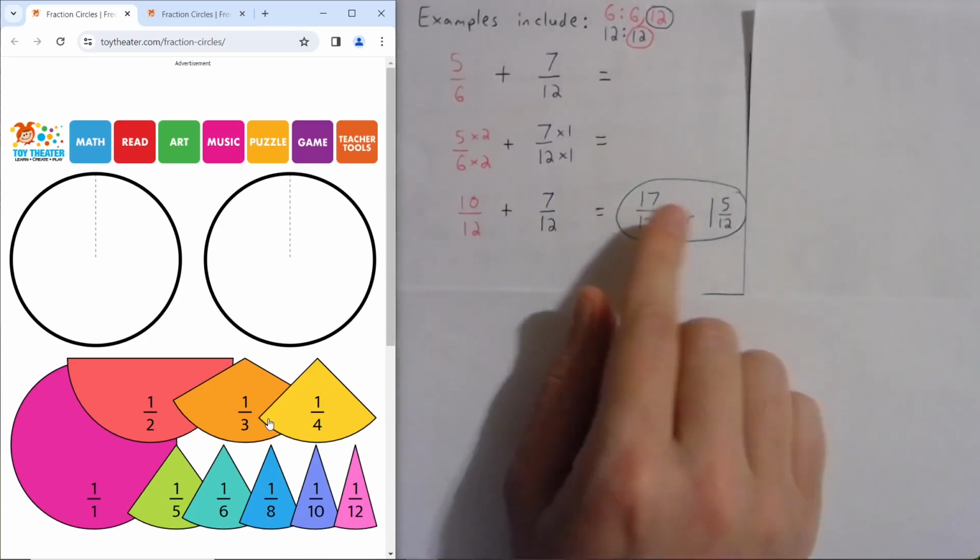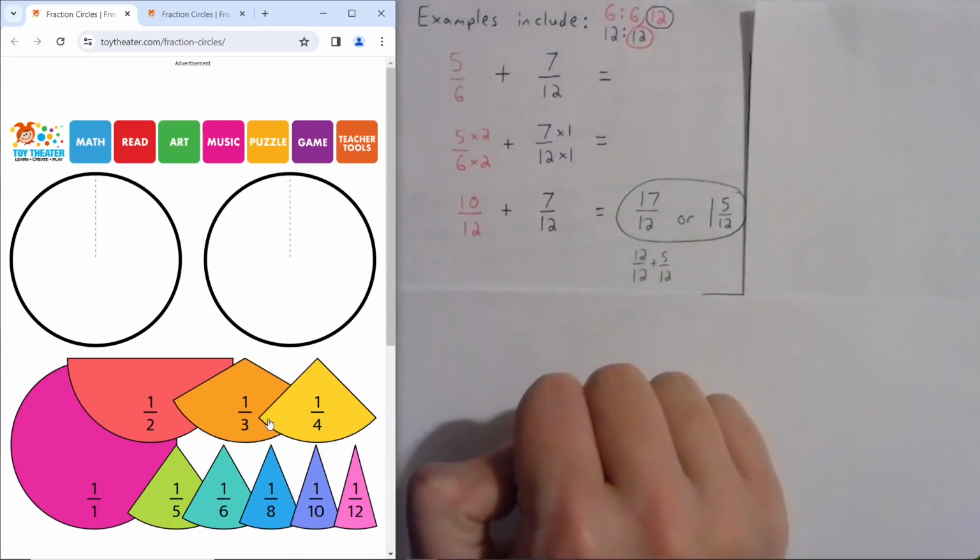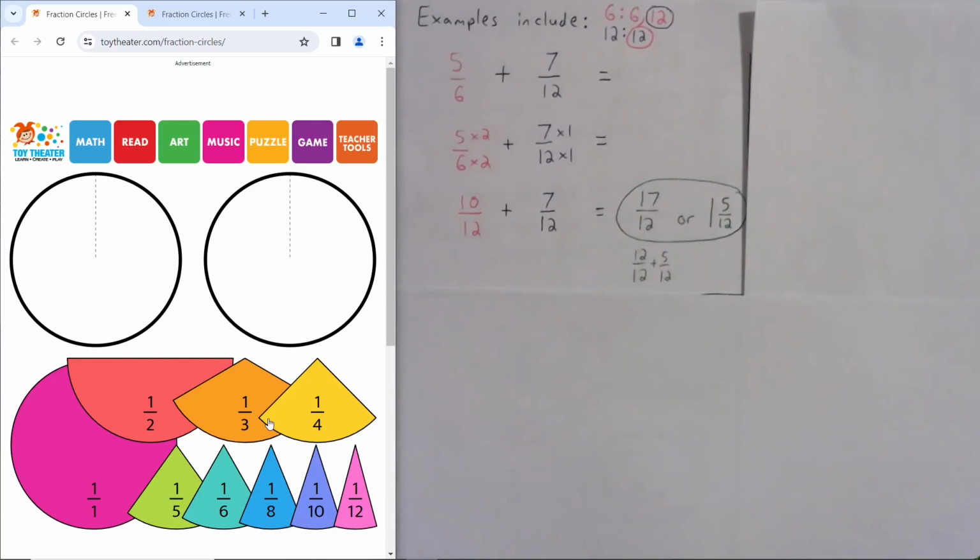You just add top by top and keep the denominator the same because it represents part size. So if you'll join me over here on this left side of the screen, let's take a look.